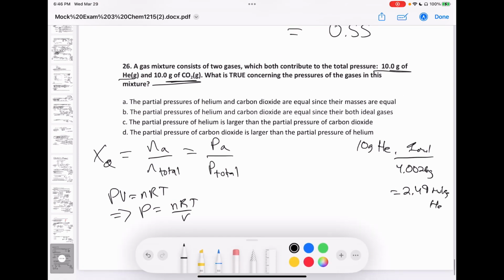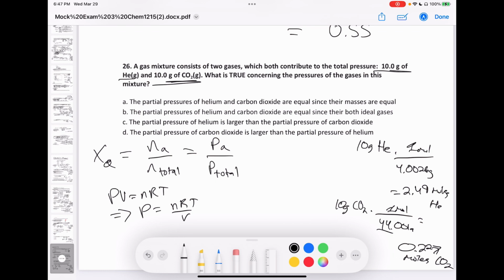And then we do the same thing for carbon dioxide: we have 10 grams of CO2 times the mole mass of that, which I think is 44.001 grams per 1 mole, which is somewhere around 0.227. I don't know if this molar mass is 100% correct, because I'm trying to go quickly. So 0.227 moles of CO2. And we can right away see that these are not equal mole amounts.